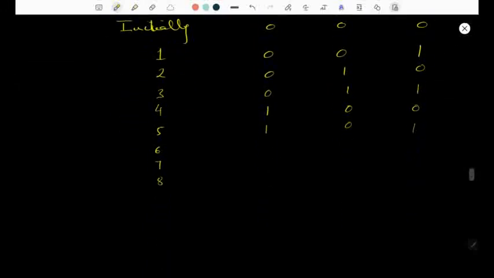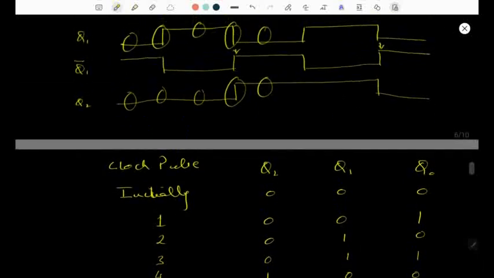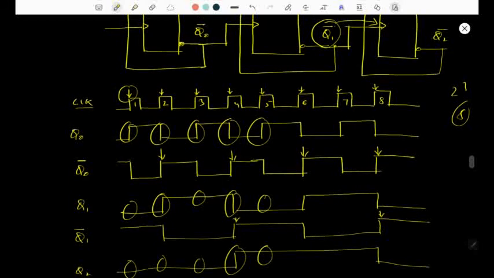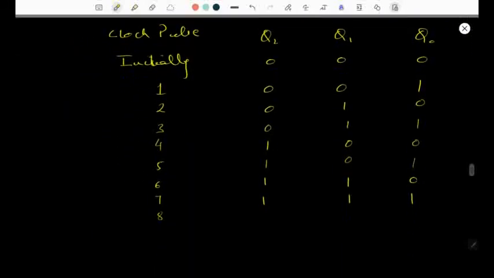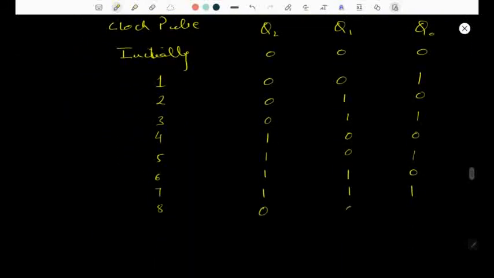Again it will repeat the cycle. This was 0 1 1, this will become 1 1 0, then this will become 1 1 1. And at the 8th clock pulse, the final clock pulse, you can see Q0 0, Q1 0, Q2 0. It will again come to its initial state 0 0 0, meaning it recycles.